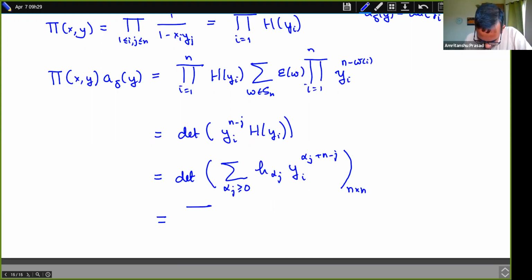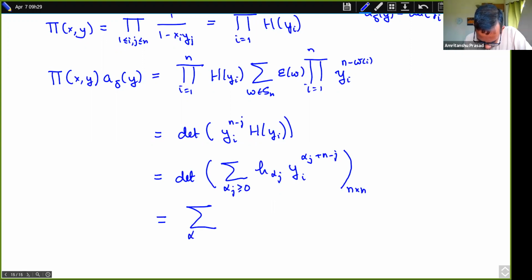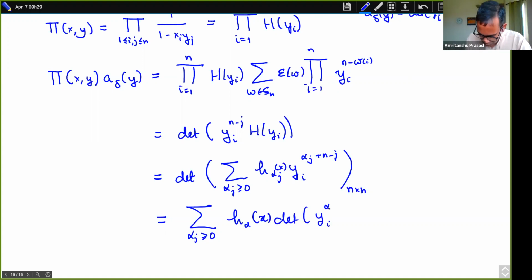And so what that gives is a sum over alpha j greater than or equal to 0, so alpha 1 is greater than or equal to 0, alpha 2 is greater than or equal to 0, all greater than or equal to 0. And then we have h alpha, which is what you'll get from these terms, in the variables x, just to remind you, and then we have the determinant of yi raised to alpha j plus n minus j.